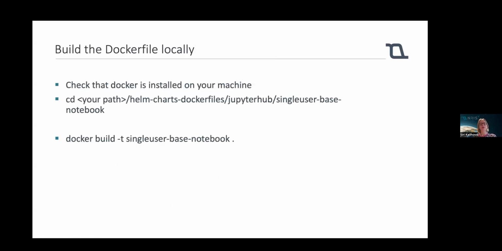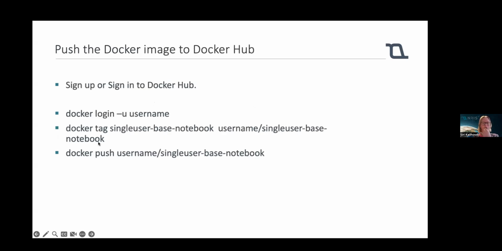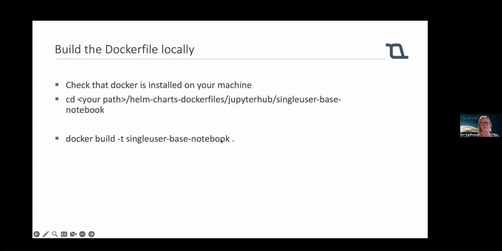Okay, so now you have cloned the repository. You made some changes similar to the example, and these slides, we can also share them. You will then go into the directory that has the Dockerfile in it, and you use Docker commands to build a new Docker image.